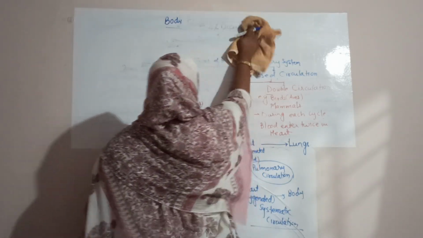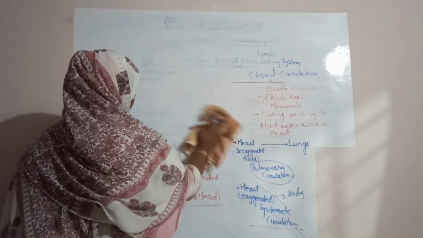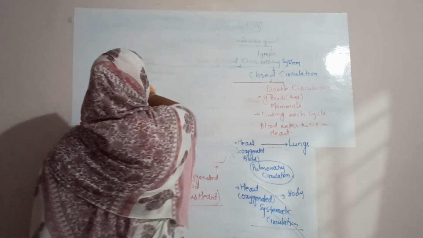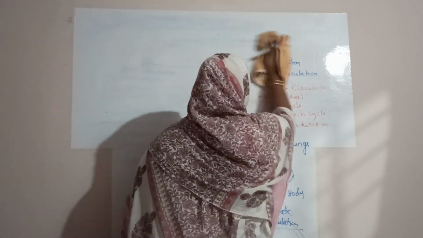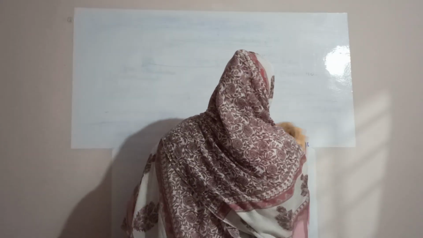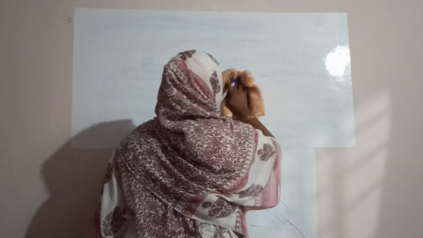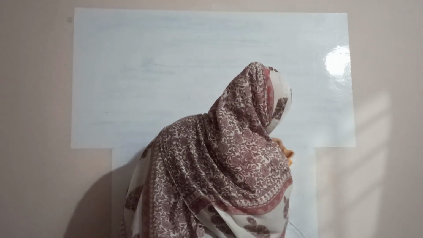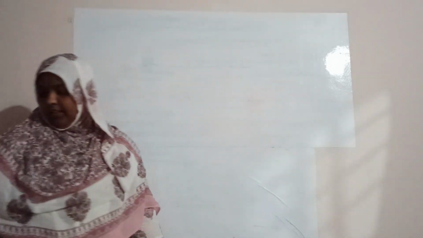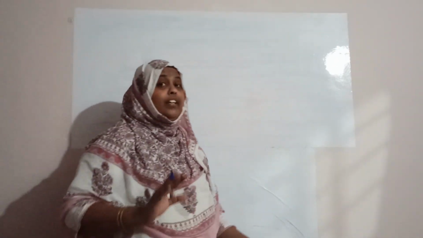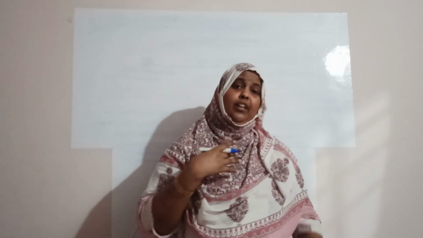Then next, in the body fluid circulation, we study the human blood vascular system. Then the next one, we study the circulatory system in humans. Circulatory system in humans means our body's circulatory system.